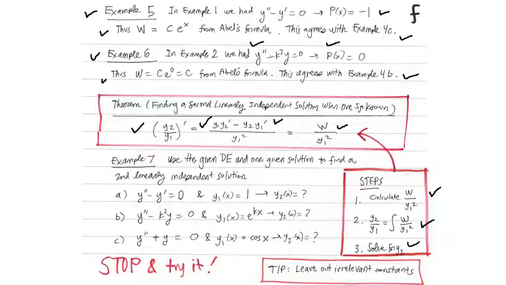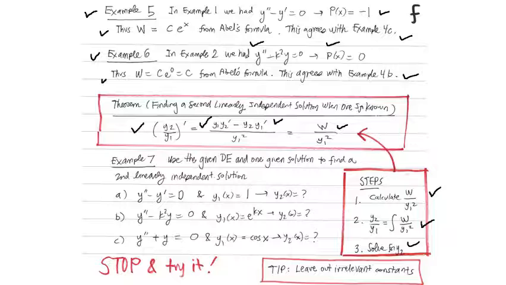So I'm going to ask you to try this before going on to the next video. Use a given differential equation and one given solution to find a second linearly independent solution. Now, in the first two examples, example 7a and b, we already completely solved the problem, but the idea here is let's pretend we don't already have two solutions.